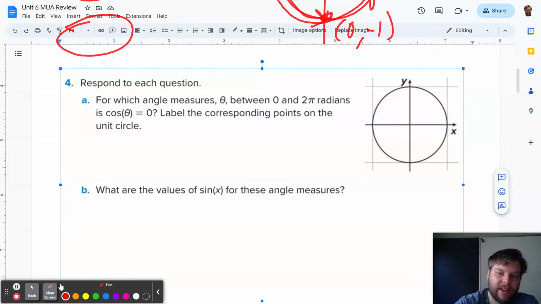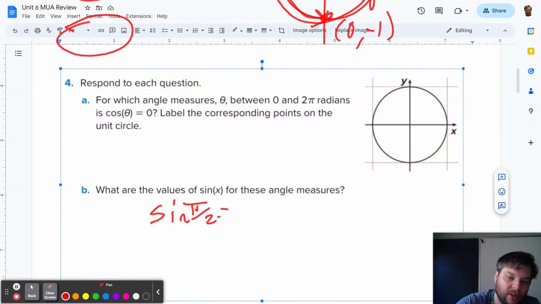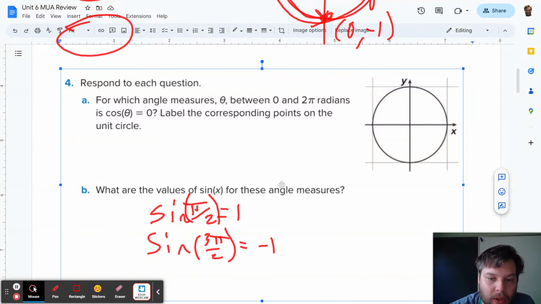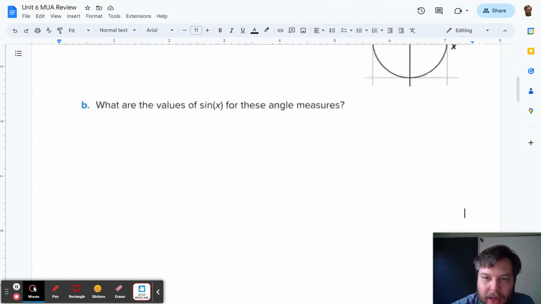Well, that's just the y values. So sine of pi over 2 is 1, and sine of 3 pi over 2 is negative 1. Sometimes we throw parentheses, sometimes we don't. It doesn't really make a difference. Okay? So those are at the top and bottom of the unit circle.